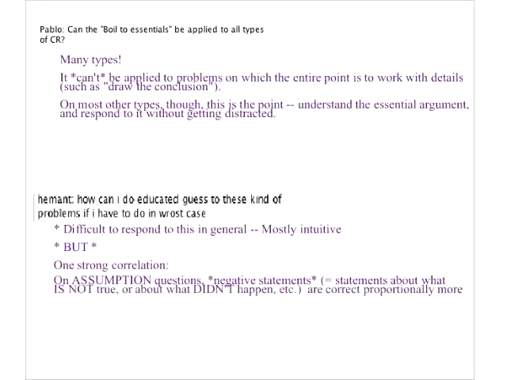What I mean by proportionally more often is that they are correct answers a higher percentage of the time than they appear. So that means they're some sort of preferred answer.